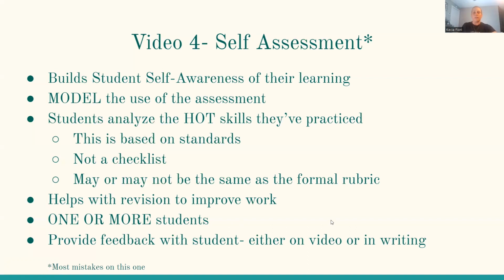This is the only video that you can have only 1 student in. How many students, for those of you that are still following along, need to be in each of the videos? All the other videos have to have a minimum number of students. What is that number?